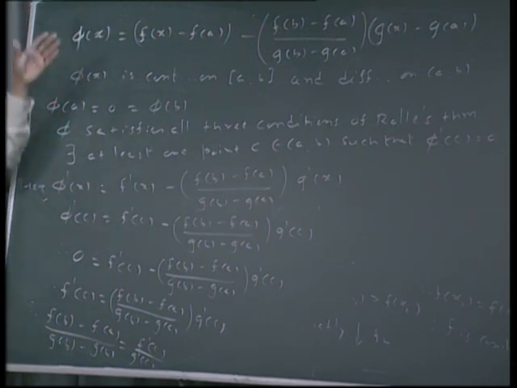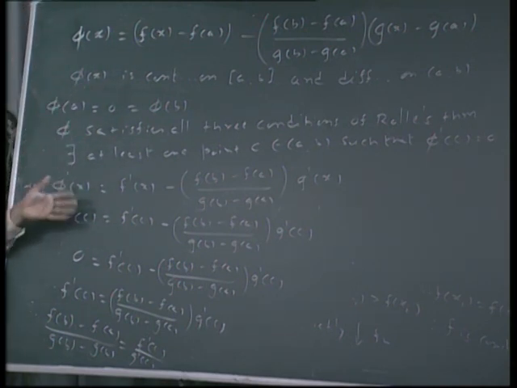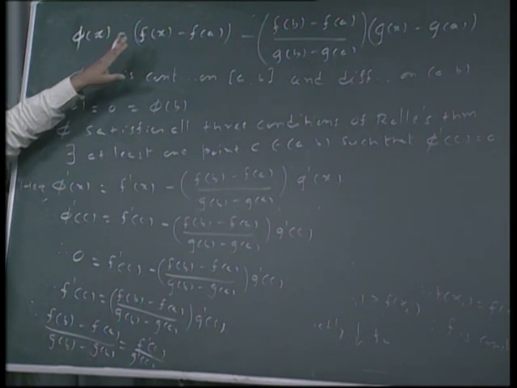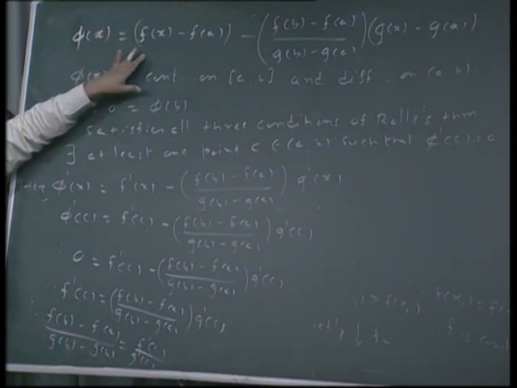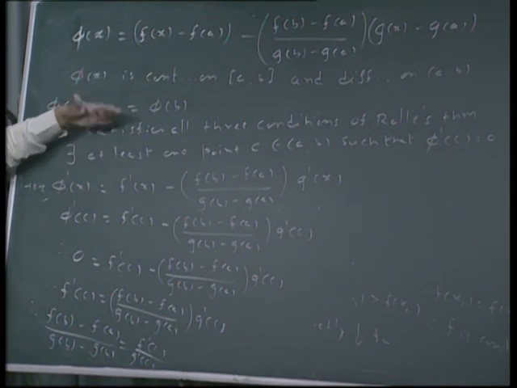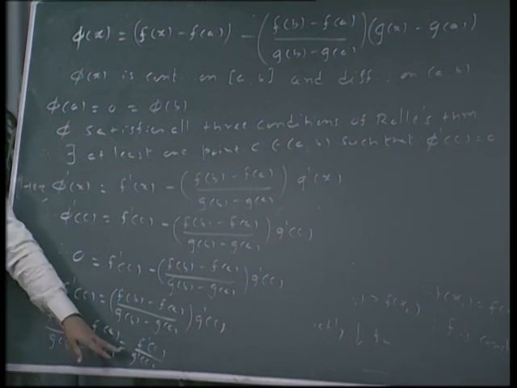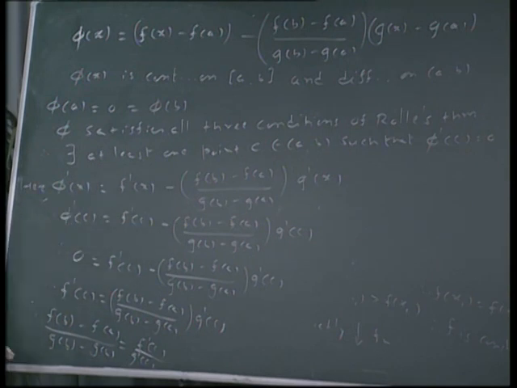So, if we have two functions f and g, and if these two functions satisfy the conditions that f is continuous on closed interval [a, b], g is continuous on closed interval [a, b], and both the functions are differentiable on open interval (a, b), and if the derivative of g is non-zero for every x in open interval (a, b), then (f(b) minus f(a)) upon (g(b) minus g(a)) is f'(c) upon g'(c).